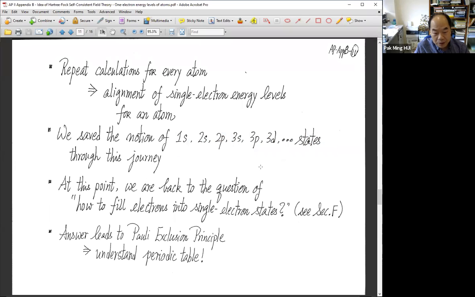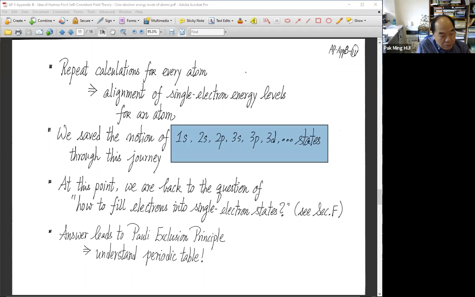So at this point, the remaining physics becomes, after you get these atomic states, the atomic physics people call it atomic orbitals, because you have this S like a ball, P like a number 8, something like that.